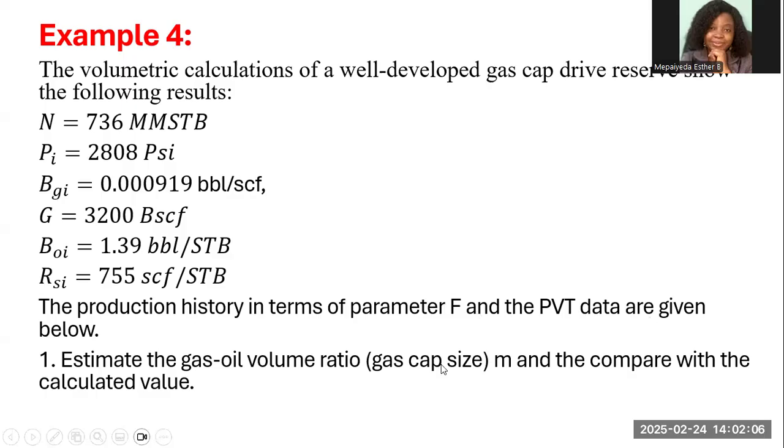We should see it in just a moment. We are asked to estimate the gas oil volume ratio, that's the gas over oil volume, that's the gas cap size M. So your M, gas cap size, and compare with the calculated value.